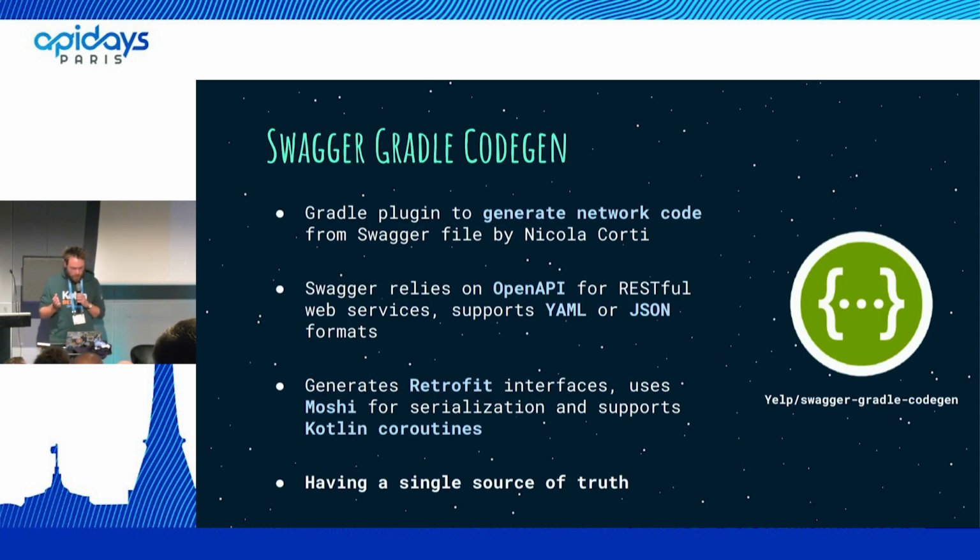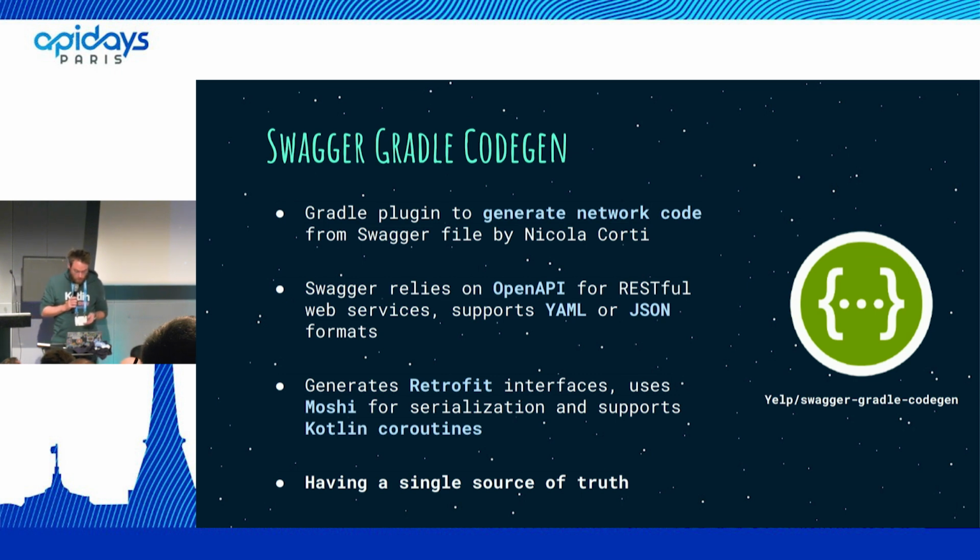So here, for this sample, I used the Swagger Gradle codegen in order to build my remote models for my Android app, for example, and the entities that will be sent and validated from my API. This plugin is developed and maintained by Nicolas Corti, and it relies on the OpenAPI format.